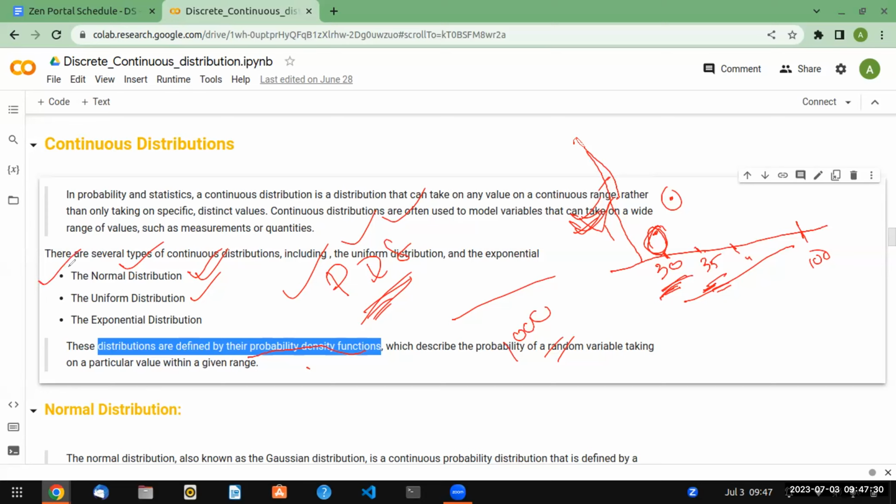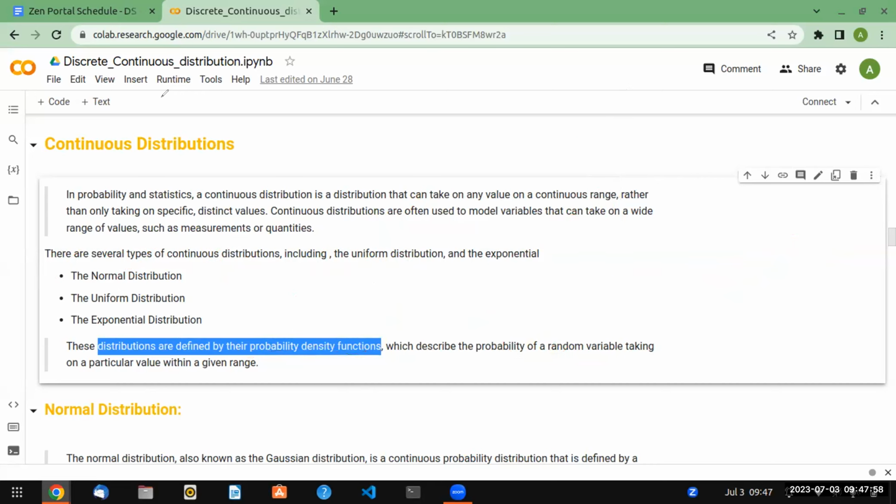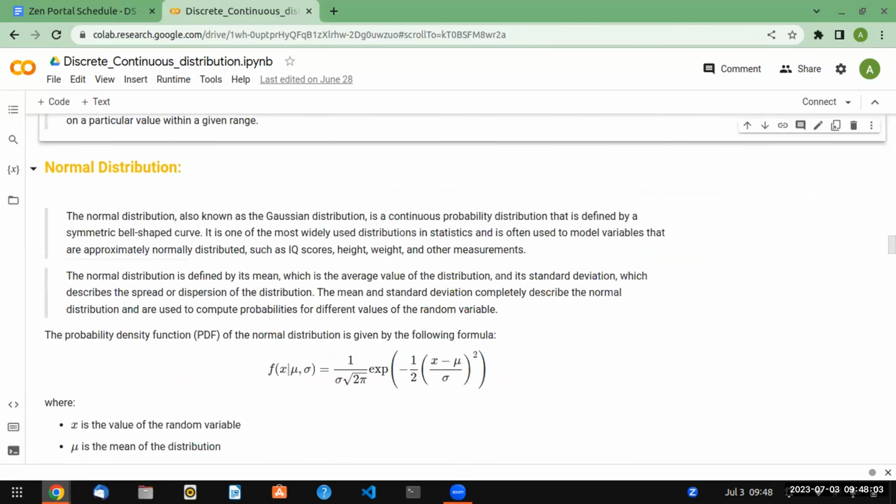So by two ways you can quickly distinguish one distribution: by seeing its mathematical formula, which is called the PDF of the distribution, or by plotting it visually as a histogram. Normal, uniform, exponential, all these distributions have two ways of quick identification. Okay, let's see the formula. Bear with me, guys. Let me know if you didn't understand anything so that I will stop, because we are going to go a bit mathematical here.